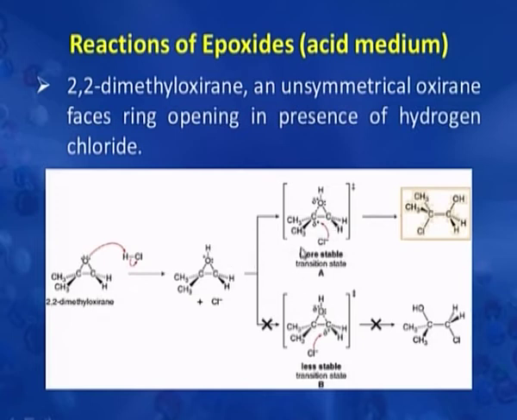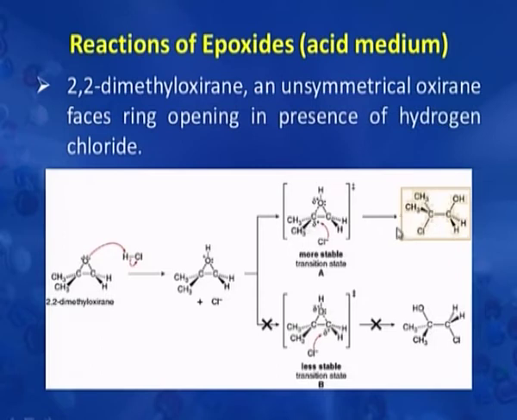Now if we compare the stability of these two transition states, we find that this transition state is more stable. The reason is that this carbon is not that electron deficient because of the electron release of two methyl groups. As a result, the nucleophile preferentially attacks this carbon, or we will say the more substituted carbon, in case of acid catalyzed ring opening of epoxides.